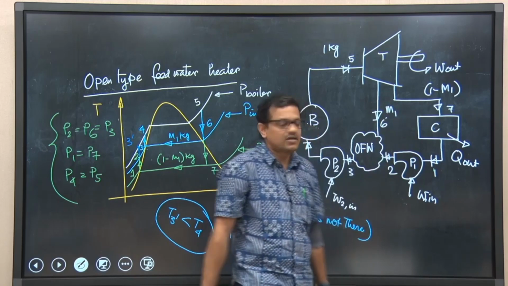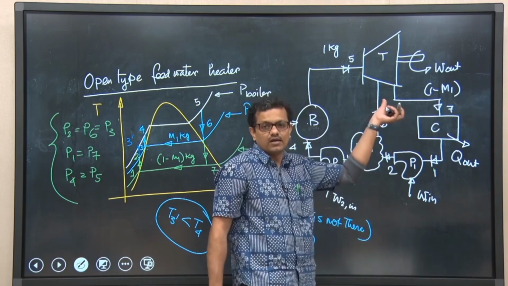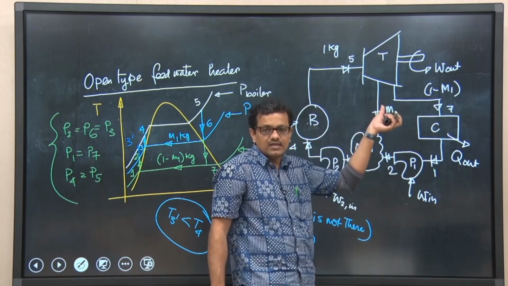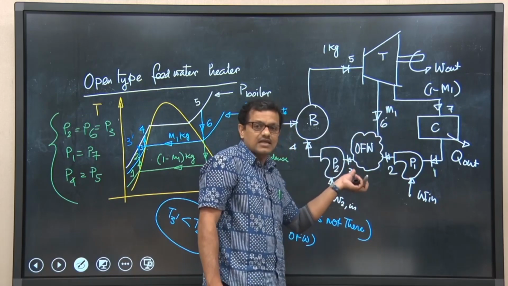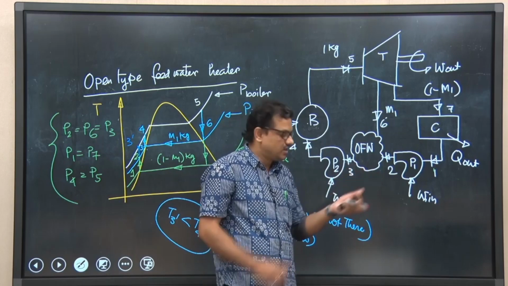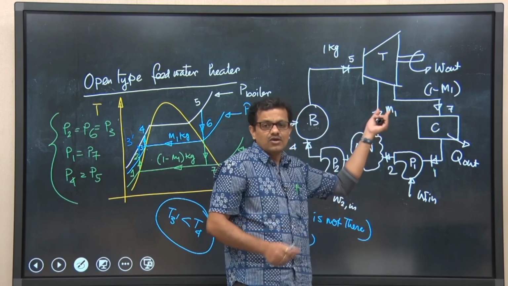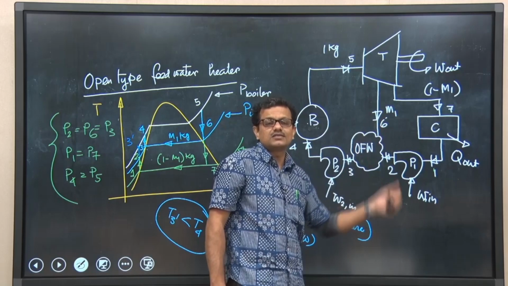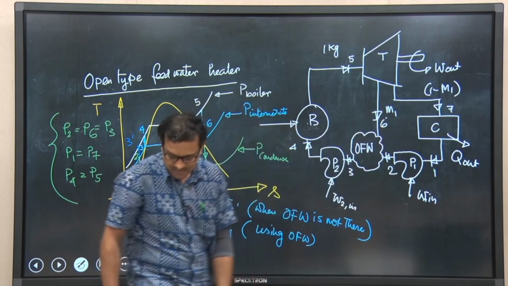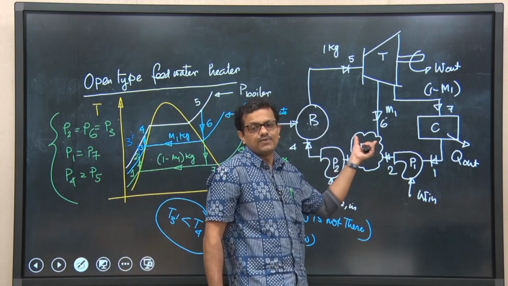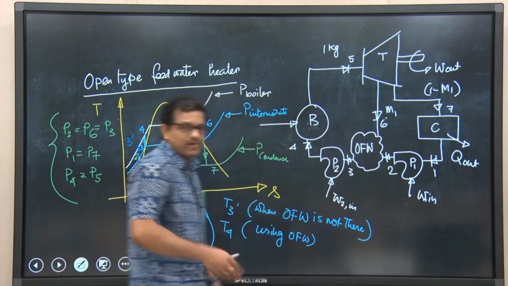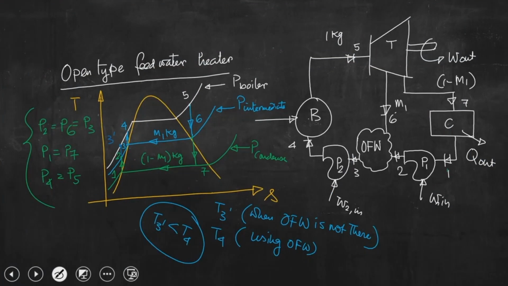Now, if we look at what the fraction M1 should be, the condition is that M1 should be selected in such a way that the state at point 3 is saturated liquid. To obtain this M1, we need to apply the steady state steady flow equation to the mixing process inside the open type feed water heater. Let us briefly do this.